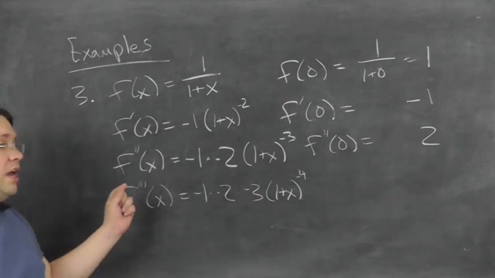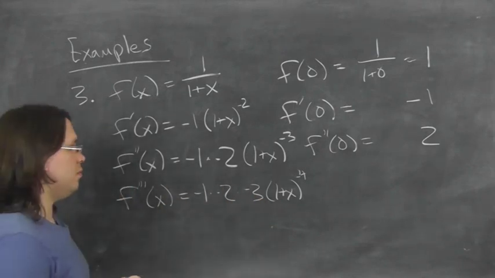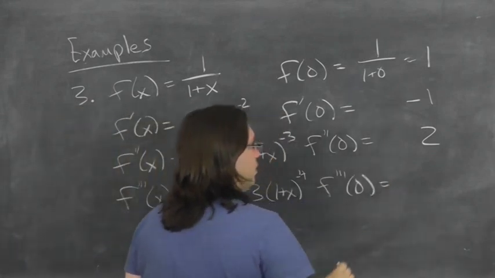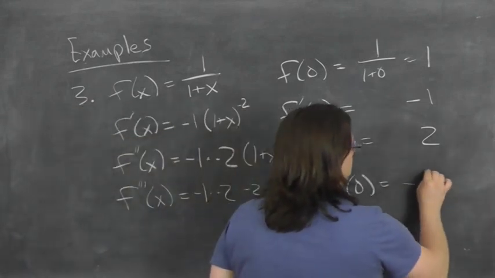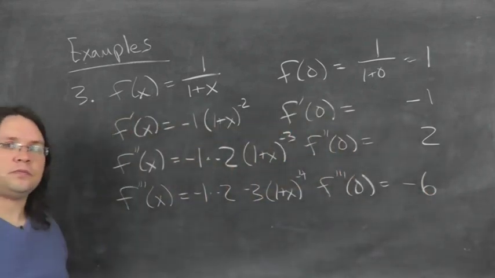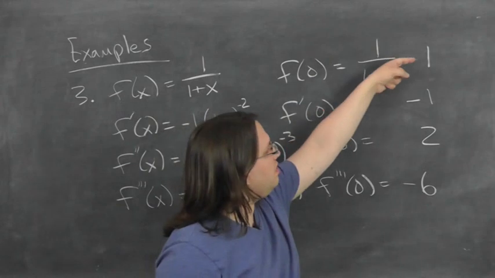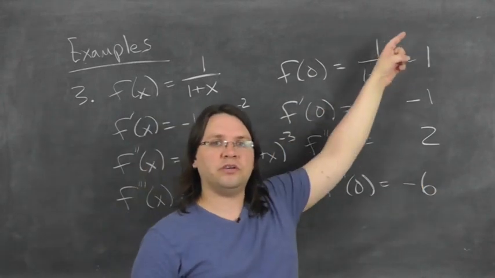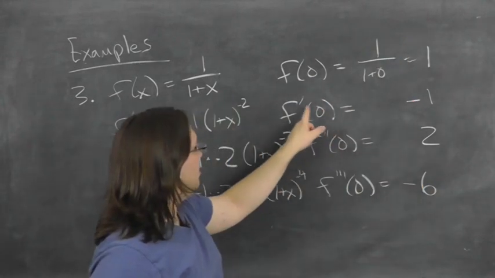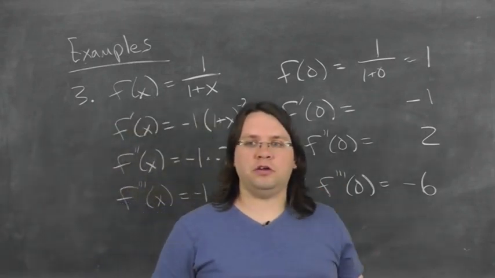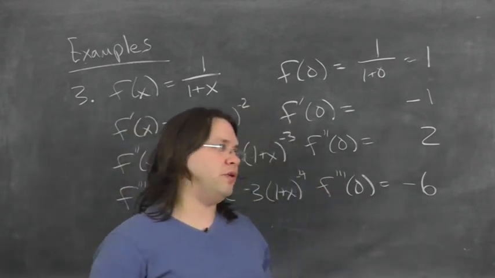And this 3 is the same as the number of derivatives that we've taken. So this becomes minus 6. So taking these numbers, these look a lot like n factorials with minus signs, with 1 derivative, with 3 derivatives. If you carried on, you'd find another minus sign at 5 derivatives.